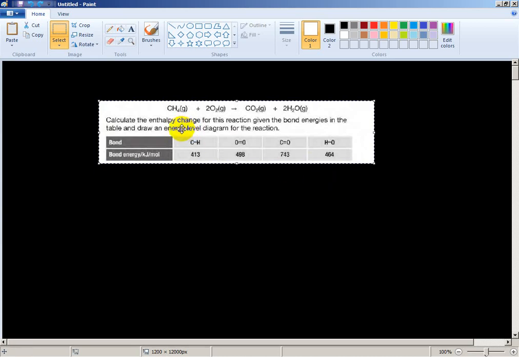Okay, this is the enthalpy change. What is enthalpy change? What is the expression symbol?